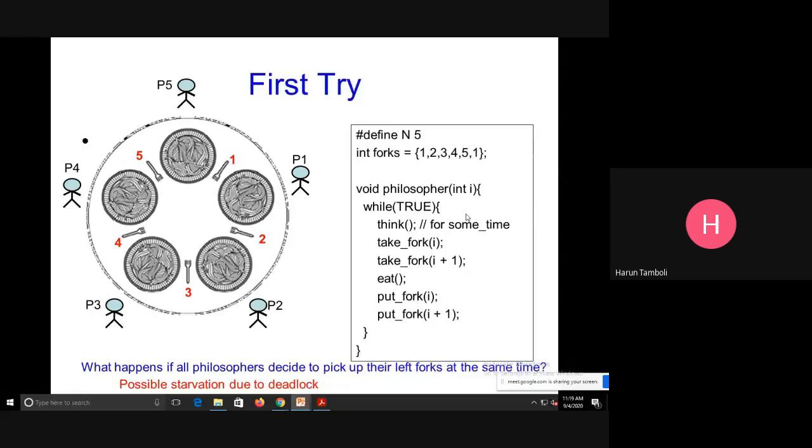Similarly, P5 also finds that the left is busy, he will go for the meeting, and so on. So it is possible that a deadlock could occur.